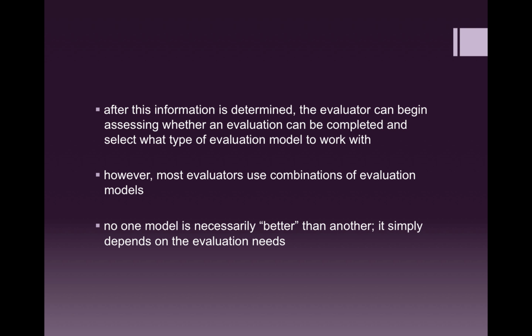They don't just identify one specific model. In the past, it was more common to rely on just one type of model, and the research has identified different types of models that have been used in the past, but again, today most evaluators use bits and pieces. No one model is necessarily better than another, it just depends on what is needed.